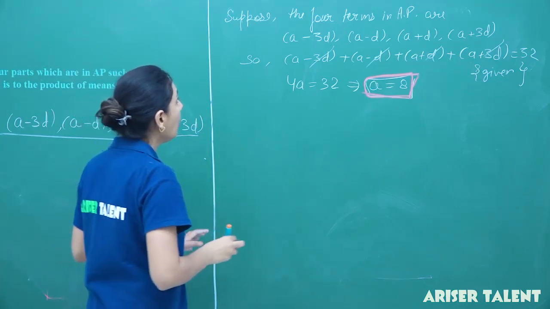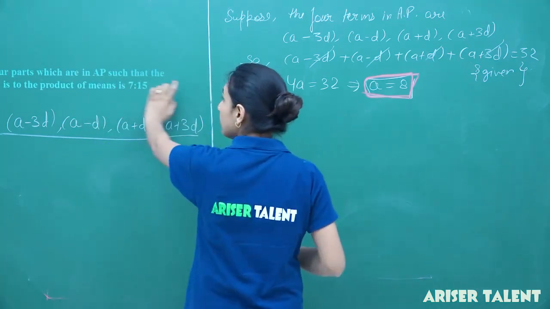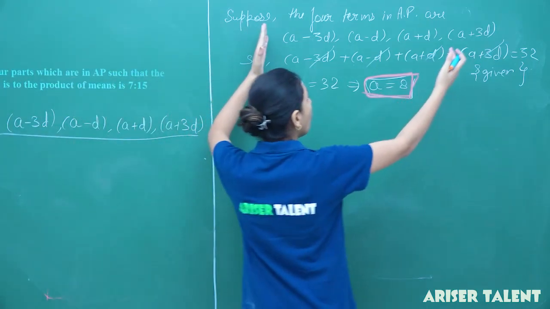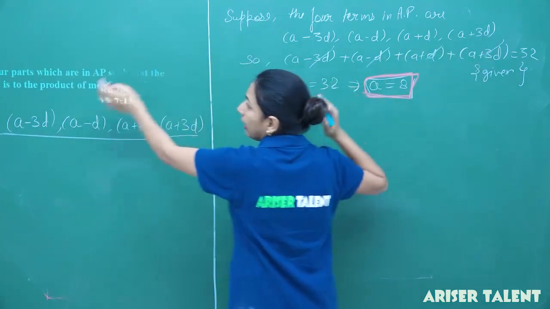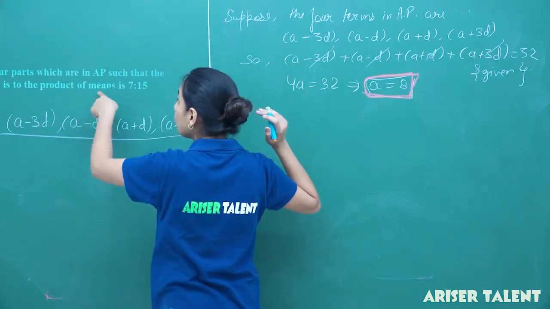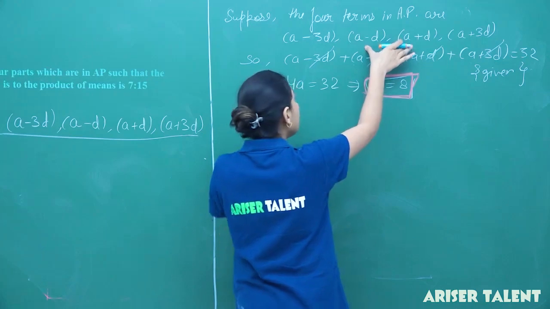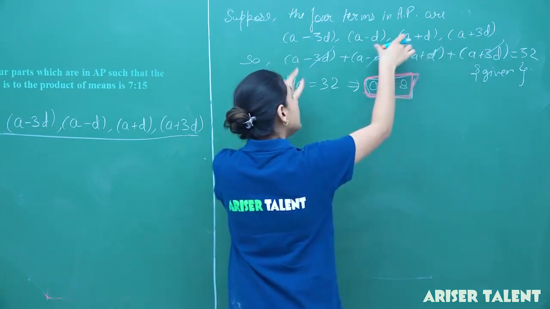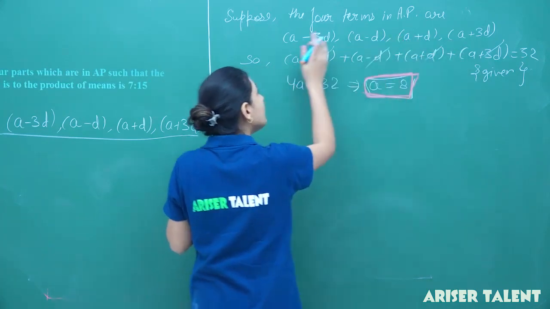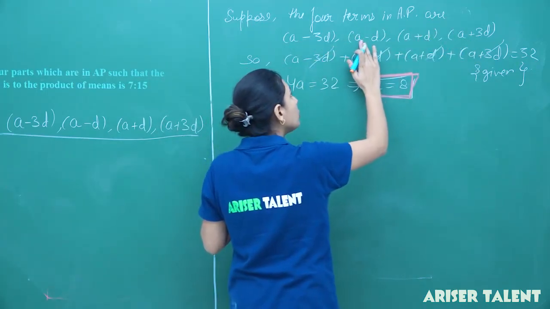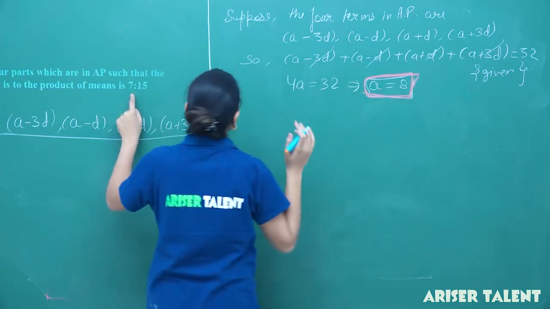Okay. Or I can mark it differently so that we can use the values. Now, we have supposed this thing. Now, it's saying the product of extremes. Now, the extremes are these 2 terms, to the product of means. Now, product of means are these terms. These are the extreme terms. These are the mean terms. So, it's saying the product of this to this divided by product of this to this equals to 7/15.